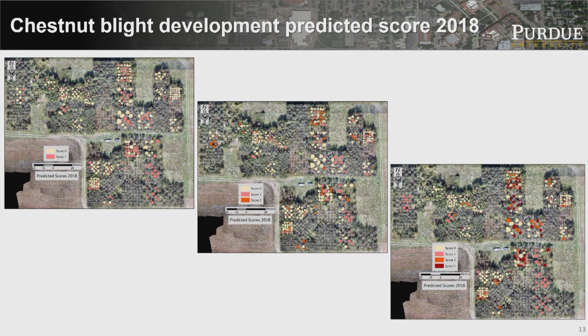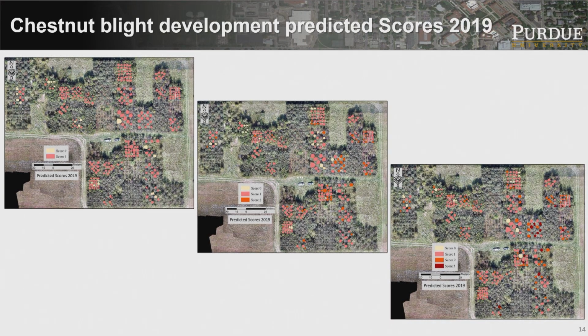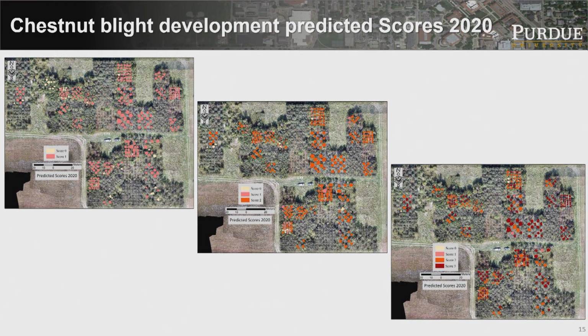After we built this model, we went back and applied the model to all of those data, and you can see we saw a really dramatic change in terms of score in chestnut blight severity. The yellow is a score of 0. The darker the red, the more severe. And you can start to see the change as it goes through time. So we were actually able to map the epidemiology of the disease progression as it moved through the stands.